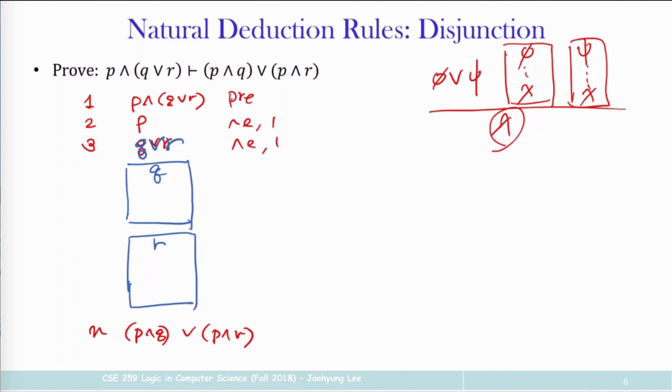What is my conclusion? In each of the case, when Q is true, what is my goal to prove in the box? It's actually this guy, because this is my X. I need X. So I will write this guy.